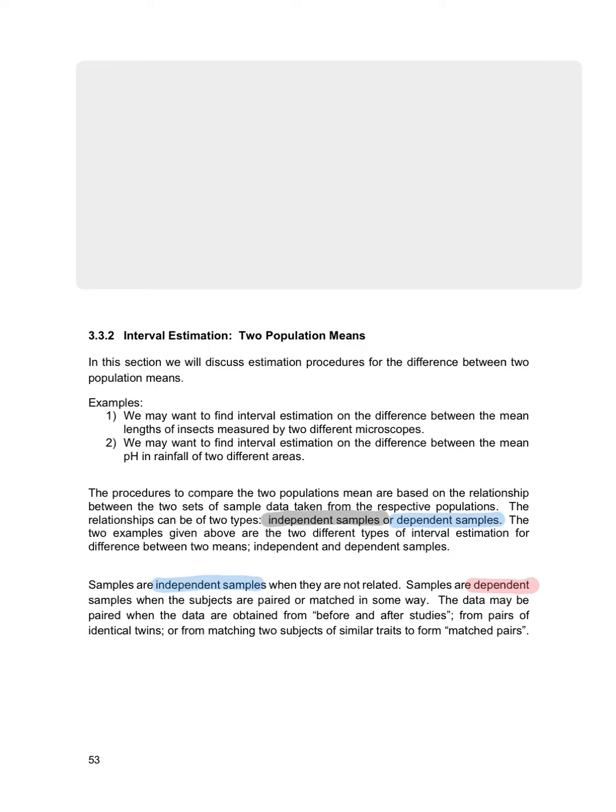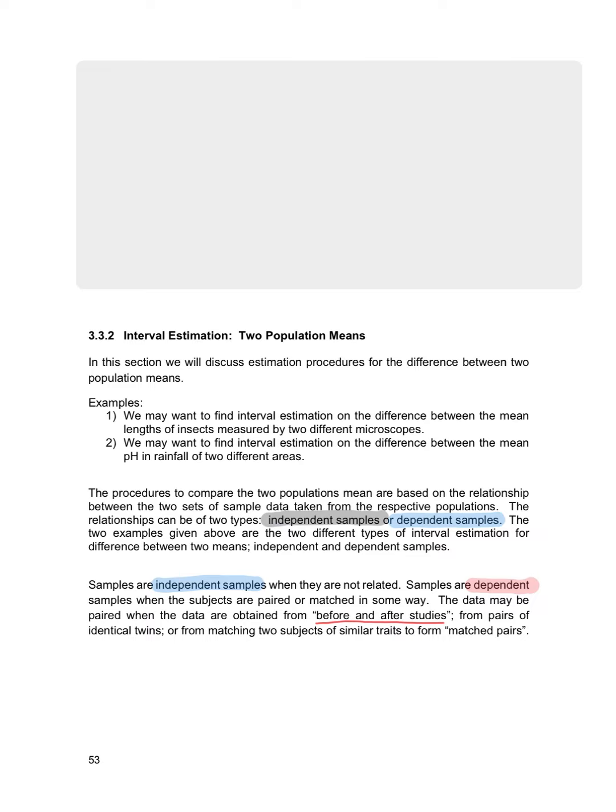So for dependent, the difference is that we take the data from a before and after study. Let's say I have AP students taking a statistics subject.